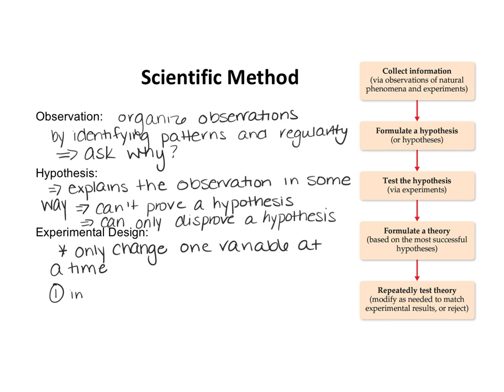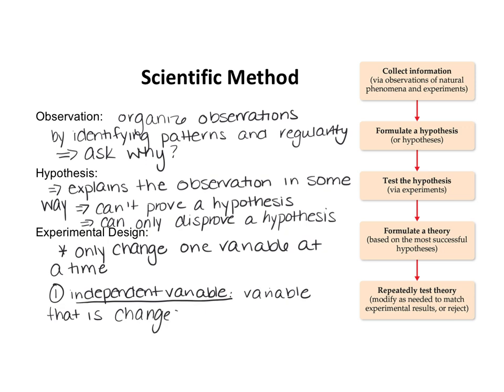One is the independent variable, which is the variable that's changed by the scientist. So when we say we're only going to change one variable at a time, that's the independent variable that we are changing.